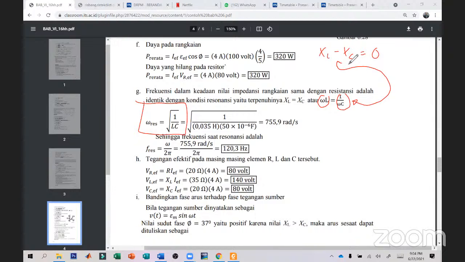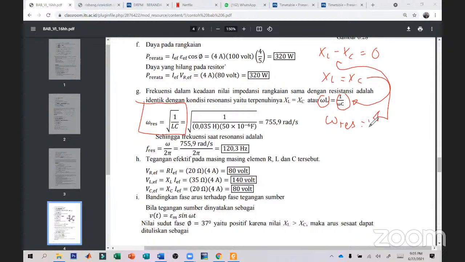So here's the special case. If XL equals XC, the frequency we call the resonance frequency.